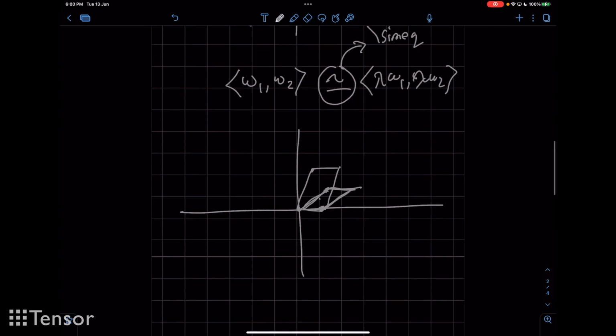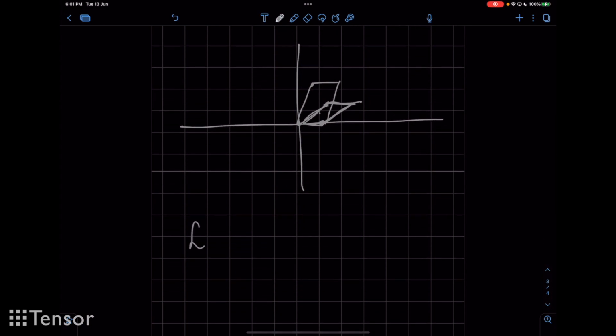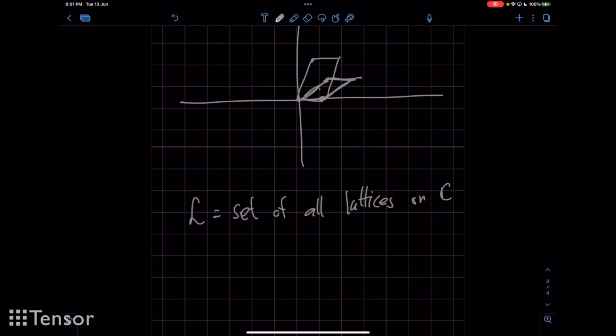So suppose curly L is the set of all lattices on C, then I can form this. So this is basically all the equivalence classes of lattices under the homothety relation.